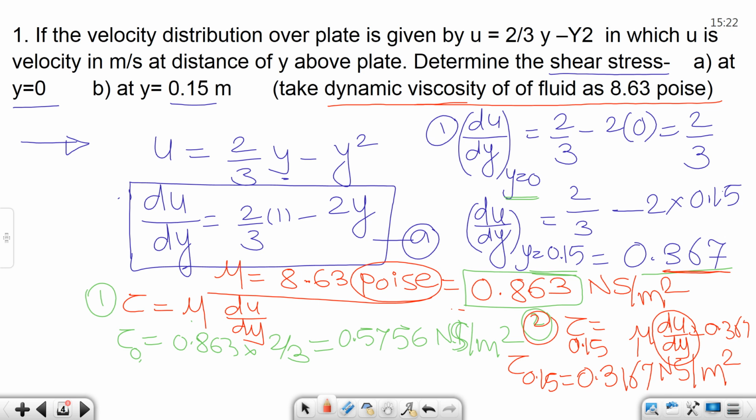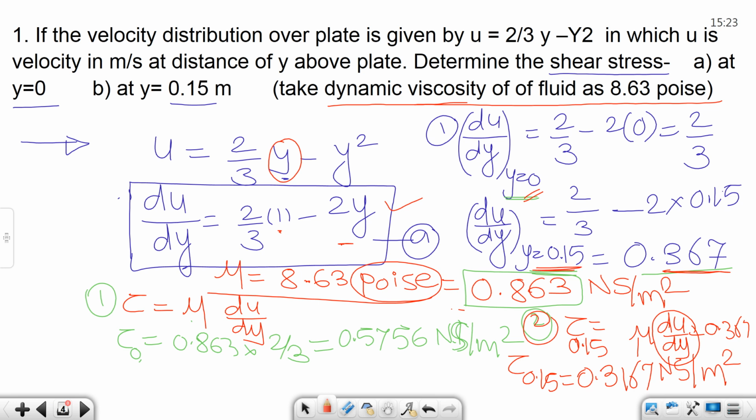So this very simple numerical question was velocity profile u is equal to 2/3 y minus y square. Find out velocity gradient du by dy. Just take the derivative: y gives 1, y square gives 2y. In this equation of du by dy, I just put y equal to 0 and y equal to 0.15.